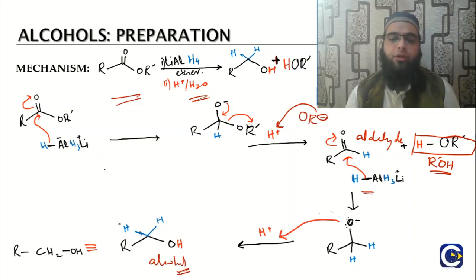Again, you should notice the colors: we have obtained two hydrogens from the reducing agent lithium aluminum hydride, and the hydrogen that's attached to the oxygen comes from the proton present in the acidic reaction medium. And this again is the same representation.